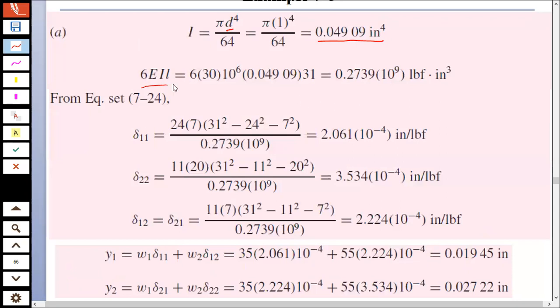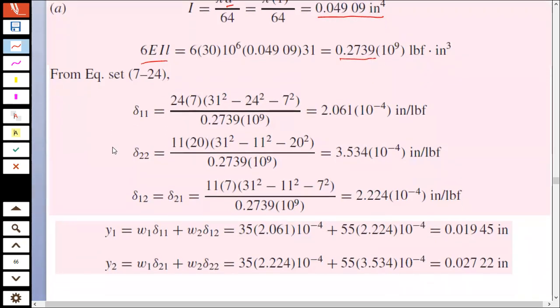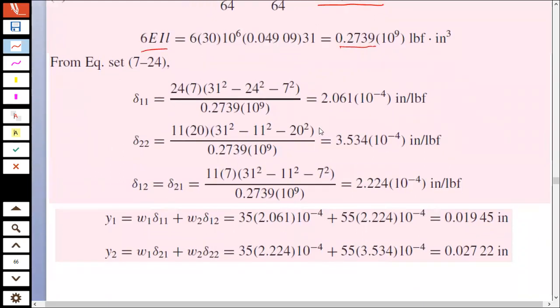So we found this, which is 0.2739. Looking at that equation 7-4, the set of equations, you can go ahead and find your delta 1 1 and delta 2 2 by just plugging in the values over here.